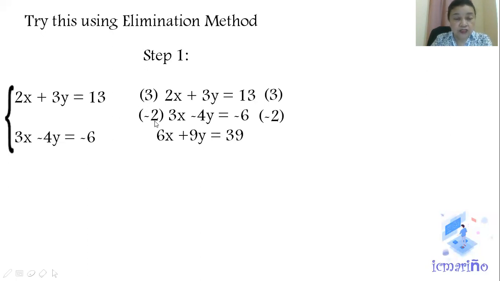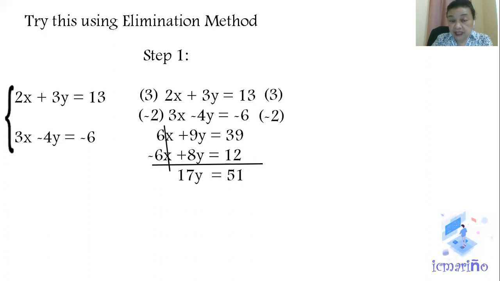Negative 2 times 3x is negative 6x, and negative 2 times negative 4y is positive 8y. Negative 6 times negative 2 is positive 12. Okay, so we can eliminate 6x, or the variable x, and we have 17y equals 51. 9 plus 8 equals 17. 39 plus 12 equals 51.